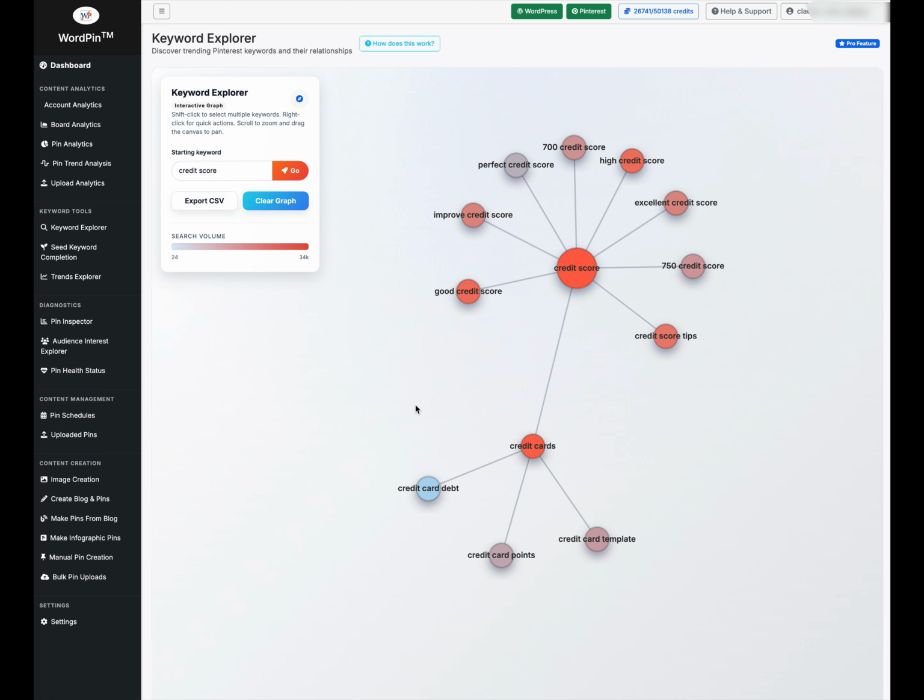So in this case, you want to look for a mix of both. Here we have a lot of ideas, and those are associated with volume. And again, this goes in parallel with the seed keyword completion, and here you can do a little bit more of a deeper research into the volumes associated with keywords.